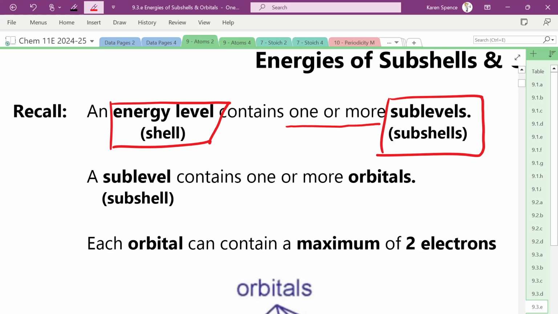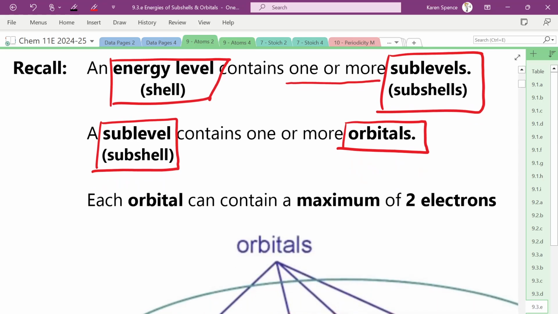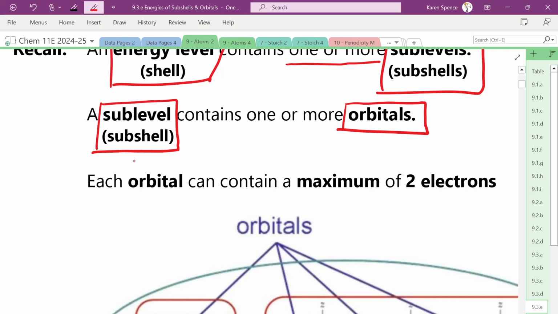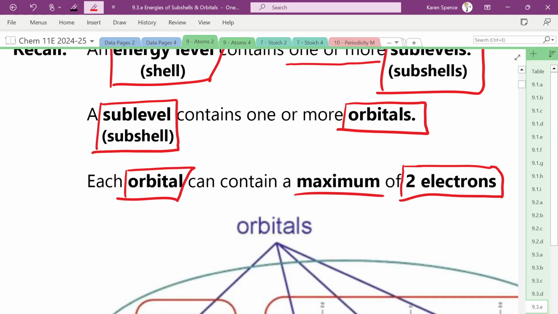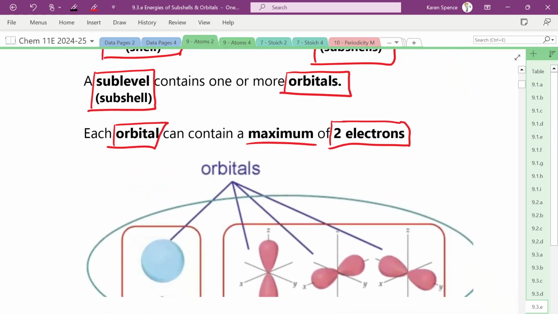At this point, I feel like we should know this. Do we know this? Okay. Now, a sublevel, or a subshell, contains one or more orbitals. Do we know this? Yes. Okay, good. And each orbital can contain a maximum of how many electrons? 2. Okay.